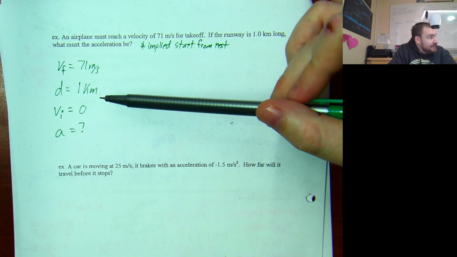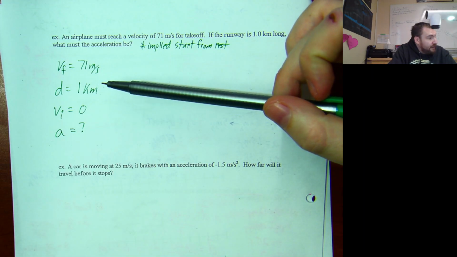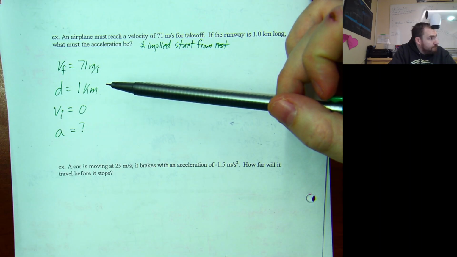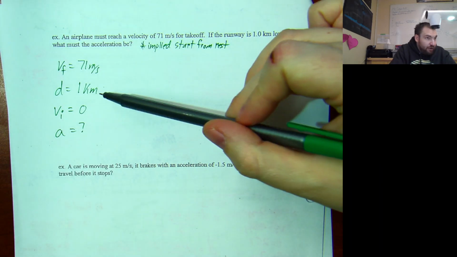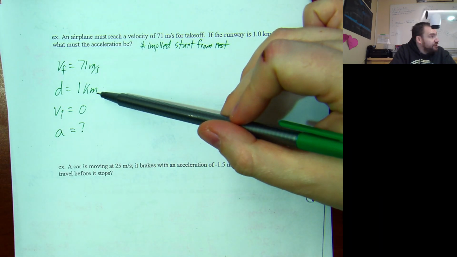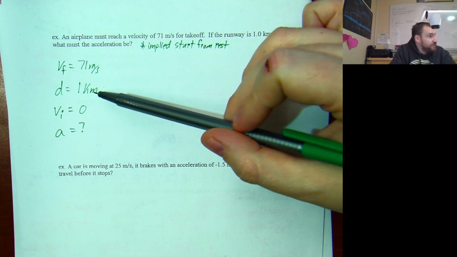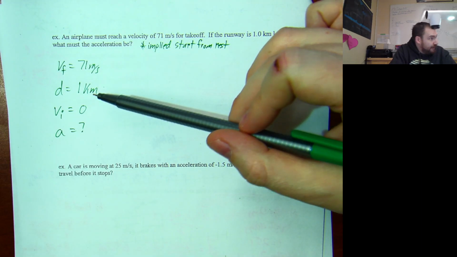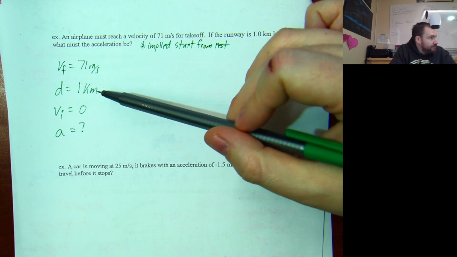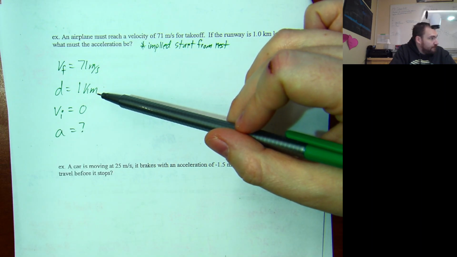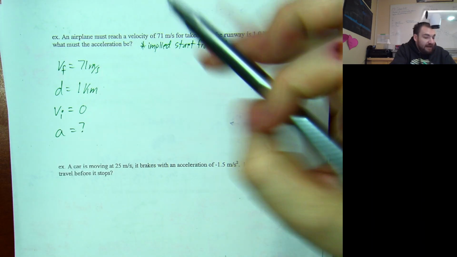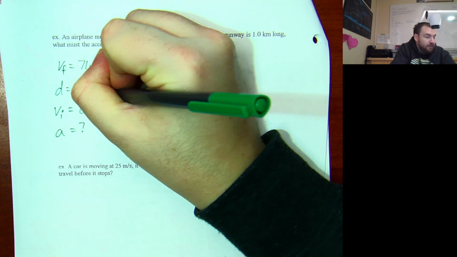So the really easy unit conversion is to do what? Kilometers into, well, I want to keep it a distance. Meters per second would be a velocity. I want to keep it into meters. 1 kilometer is how many meters? Kilo means what?